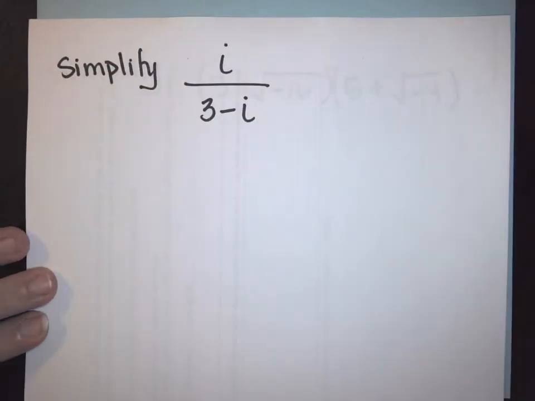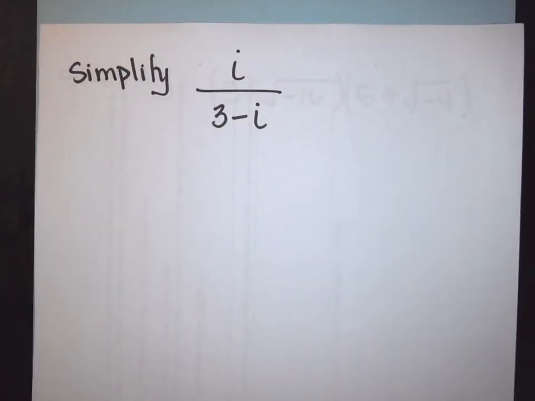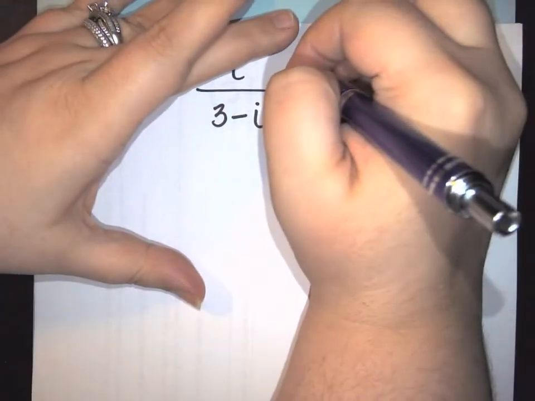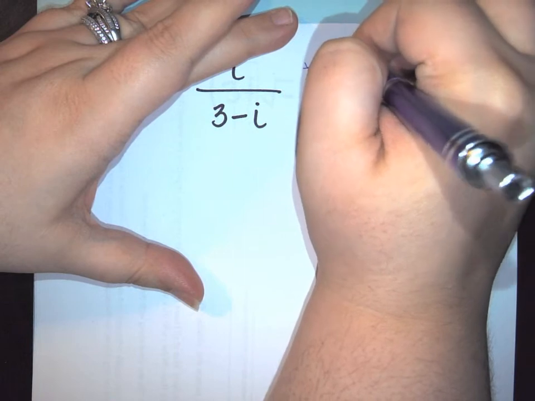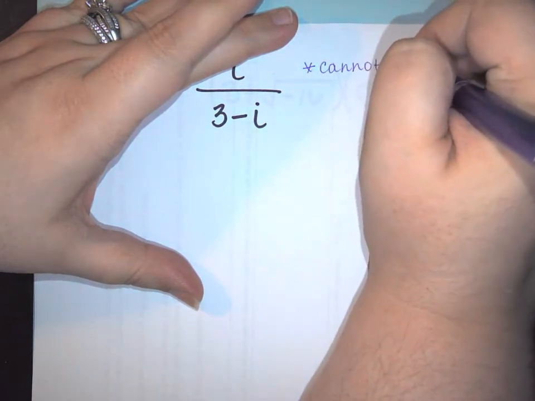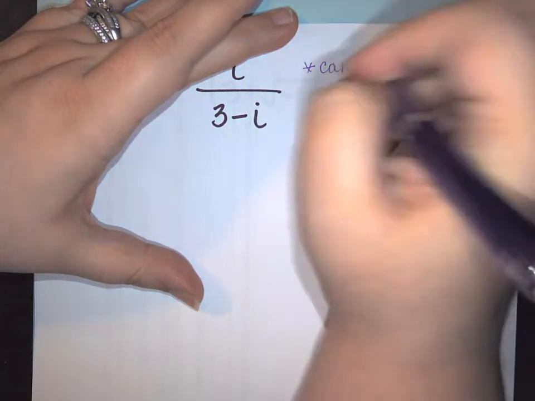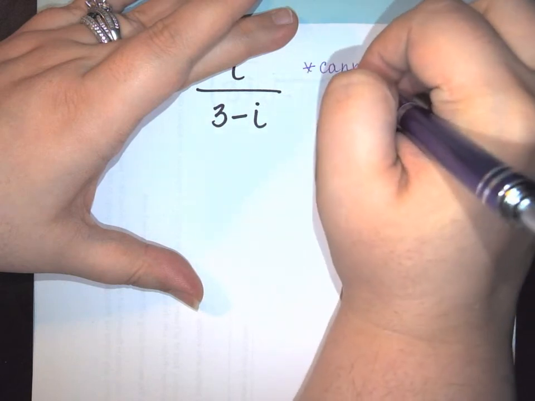All right, let's take a look at another one here. In this case, we have a division problem, and when we are dividing with our imaginaries, the biggest thing that we have to remember here is that you cannot have I in the denominator.